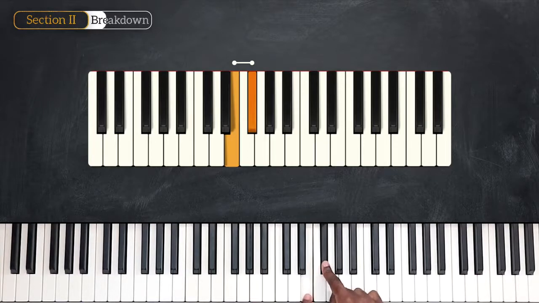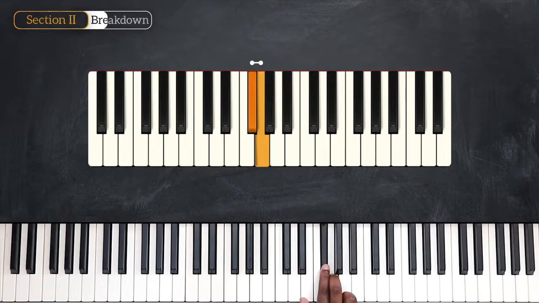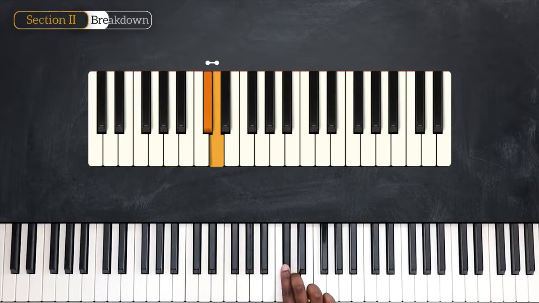So in general, the half step is when you see two notes right next to each other. So this is a half step, a half step, a half step, a half step, and finally also a half step. And the whole step is when you see two notes separated by another one. So that's a whole step.